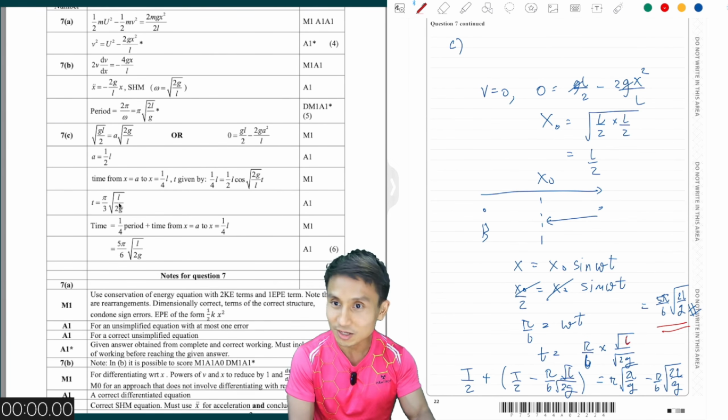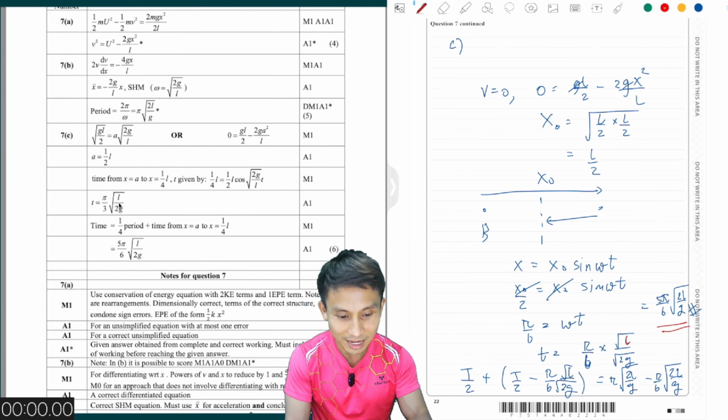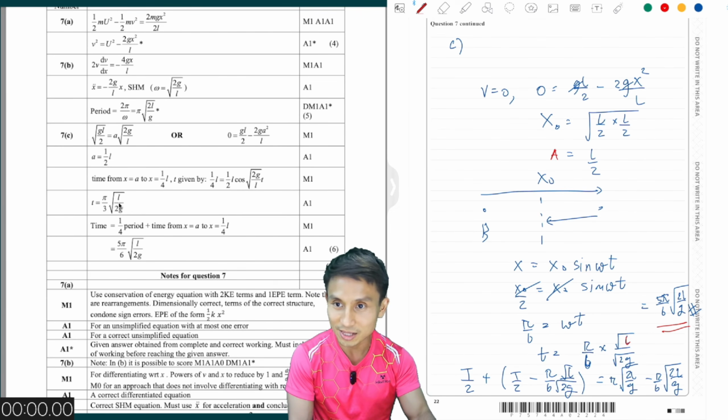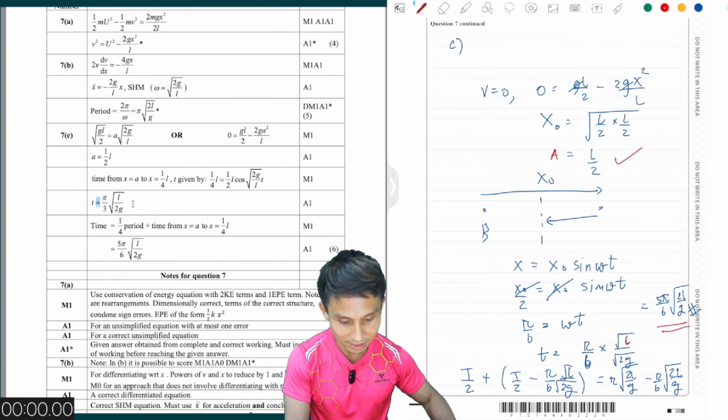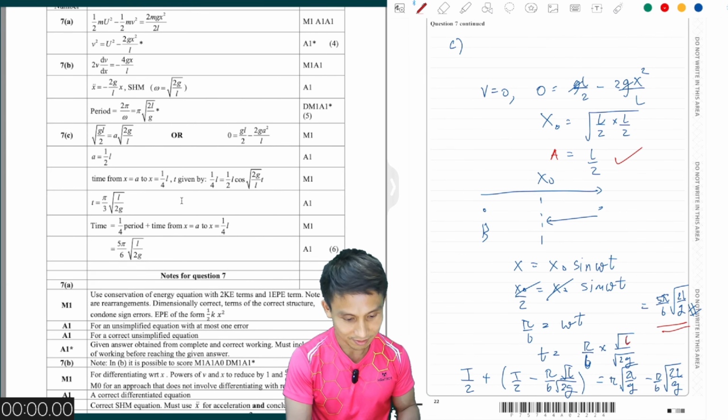But yeah, I think everything you can follow here. Like the amplitude here, they use a little a there. This is L over 2, yeah. And period here, I think I got it here, yeah. This is the right period, right? Pi over 3. Wait, hang on. No, that's not right. Uh-oh.